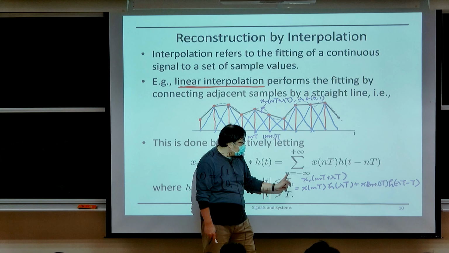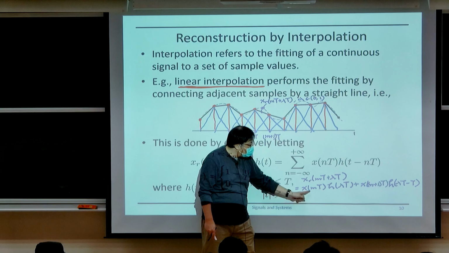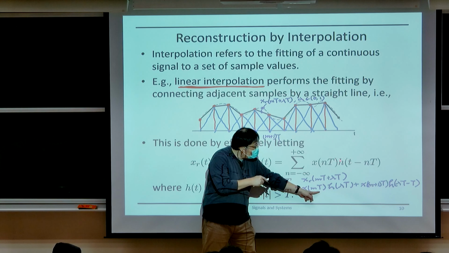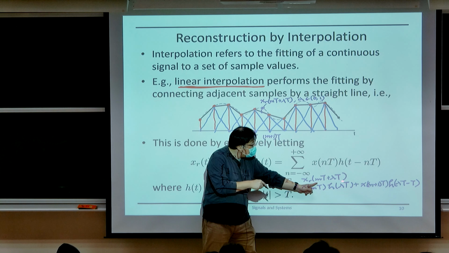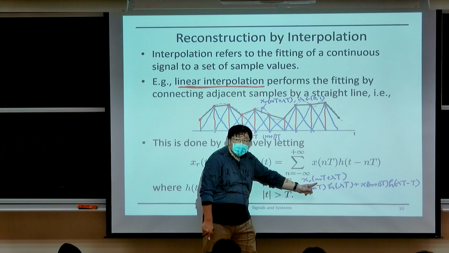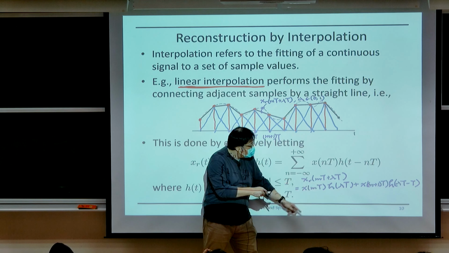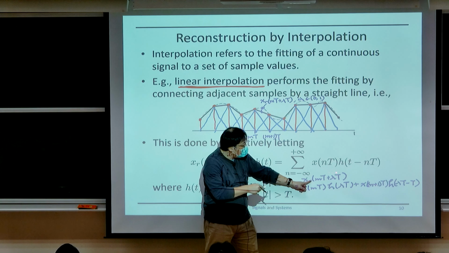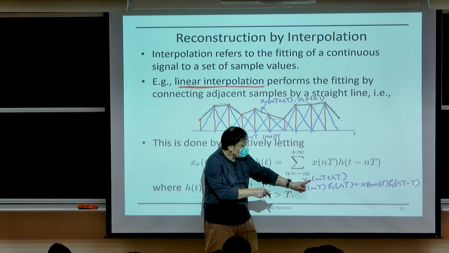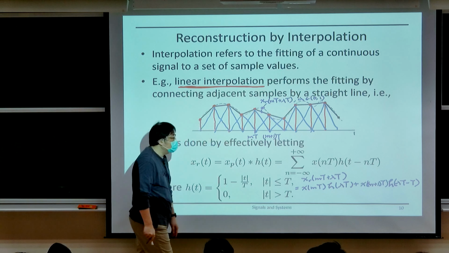When n is equal to m, you get x of mT times h of this minus mT, which gives you lambda T, plus x of (m+1)T times h of mT plus lambda T minus (m+1)T. So mT cancels out, and you get lambda T minus T.